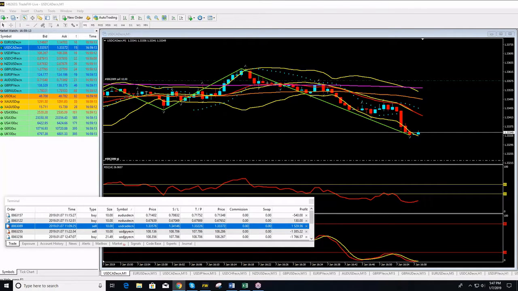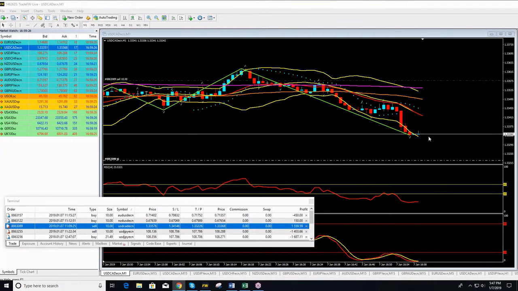Let's see the volatility of dollar CAD. News are out in approximately 40 seconds from now. Now is a good time to start showing some volatility. 30 seconds now.